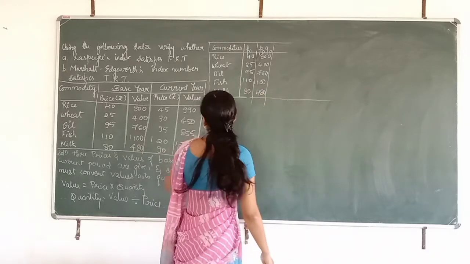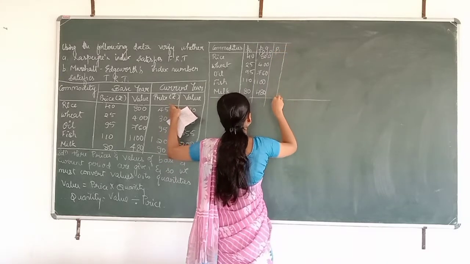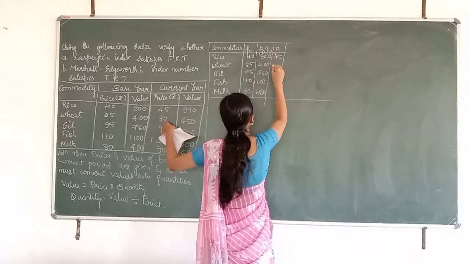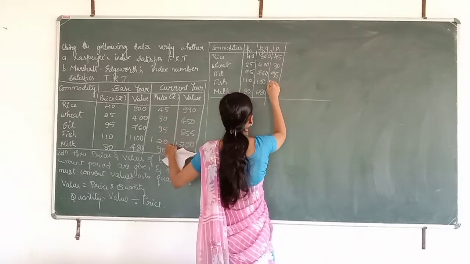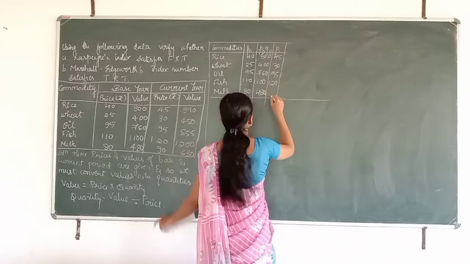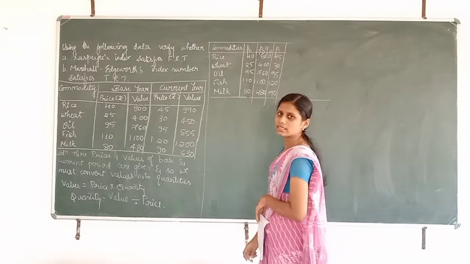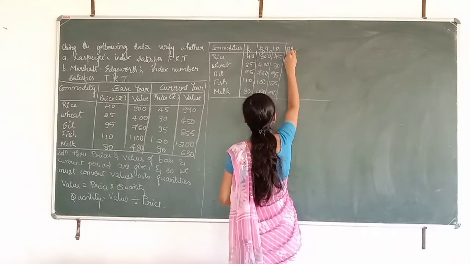Next, current year prices are denoted by P1, and the values are 45, 30, 95, 120, 90. Next, value of current year is denoted by P1 Q1.